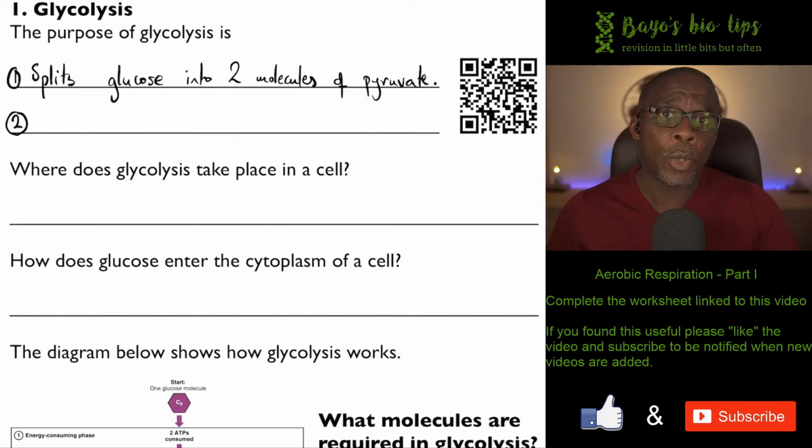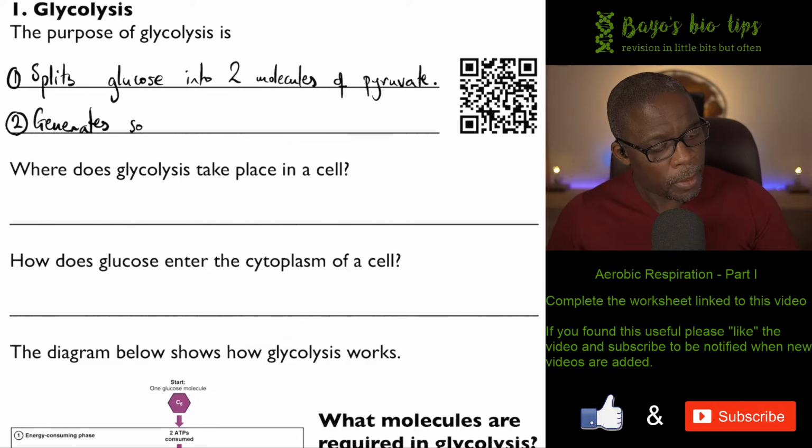And then, as well as producing 2 molecules of pyruvate per molecule of glucose, it also generates some ATP directly and something called reduced NAD.